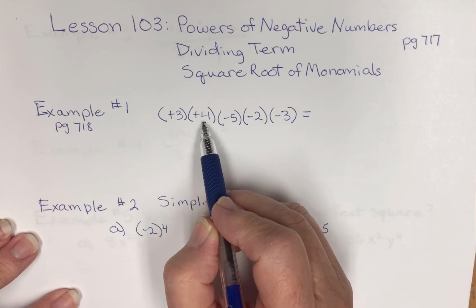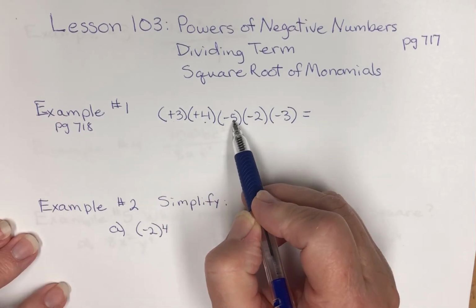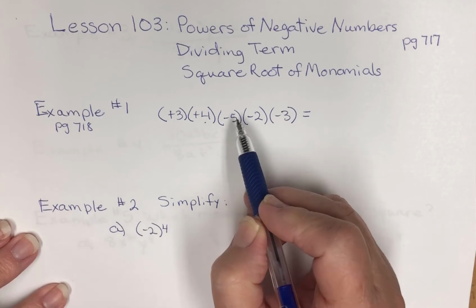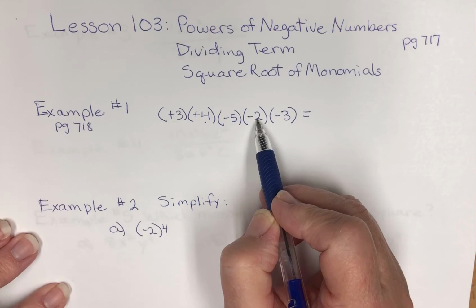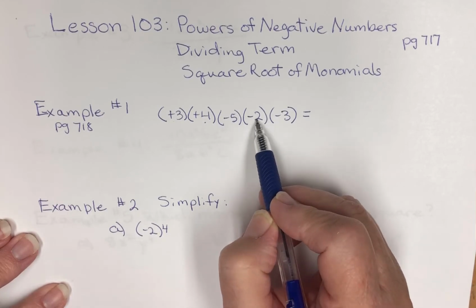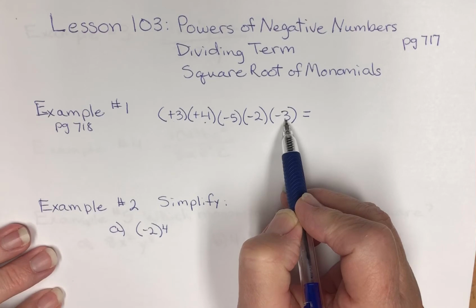Then positive 12 times negative 5 gives us negative 60. Negative 60 times negative 2 gives us positive 120. Positive 120 times negative 3 gives us negative 360.